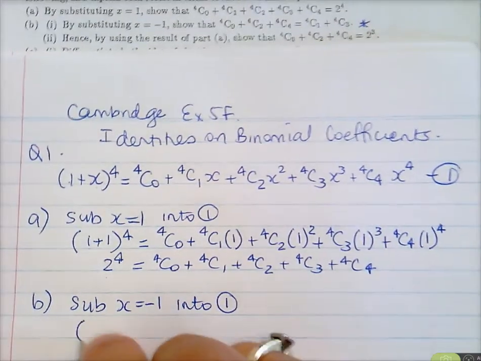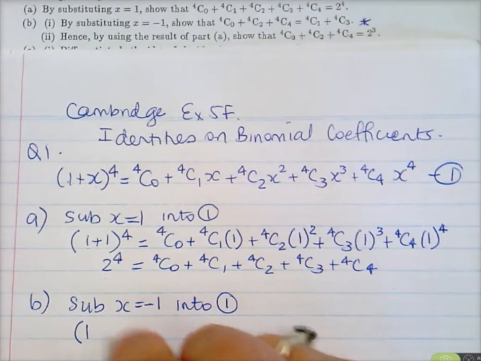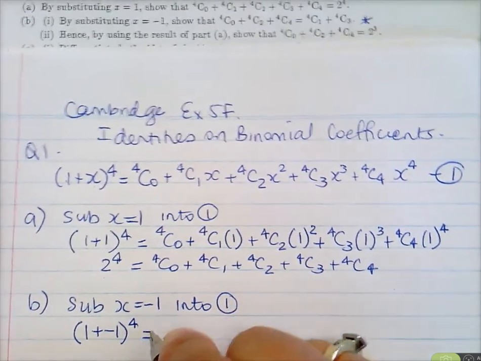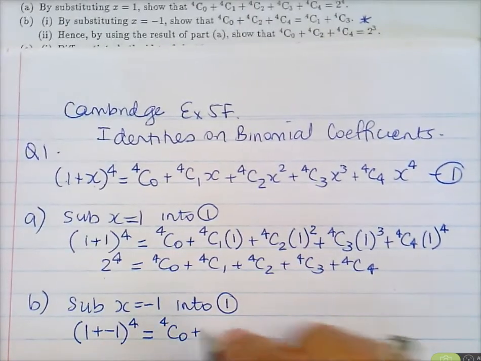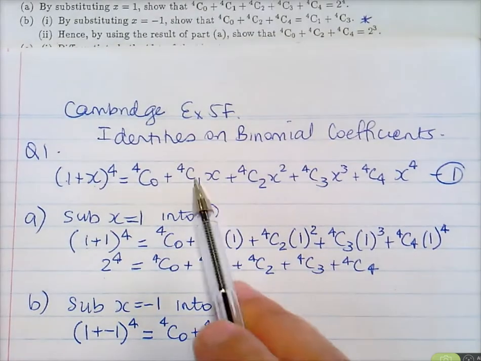Let's see what we get. What do I get if I substitute x is negative 1? (1 + (-1))^4 equals 4C0 plus 4C1 times what? I'm substituting into this.